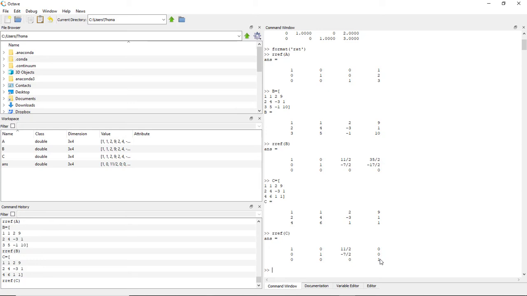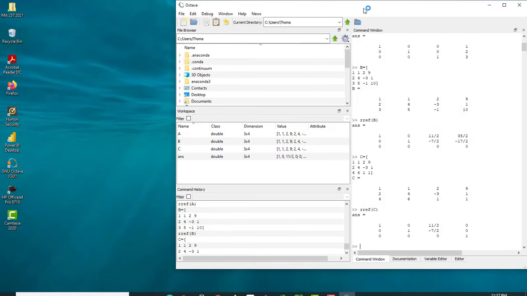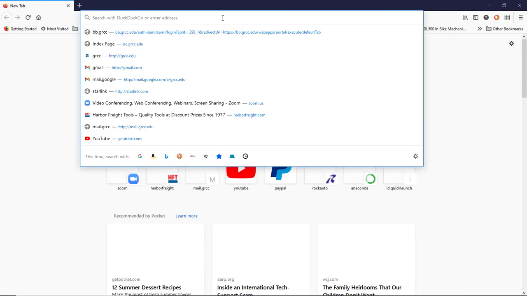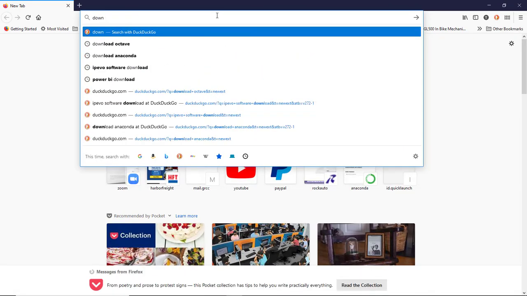So all you do is type in download GNU, G-N-U, GNU Octave in your browser, and you will find out how to install it for absolutely nothing. It works on both PCs, Macs, and on all of the major versions of Linux.